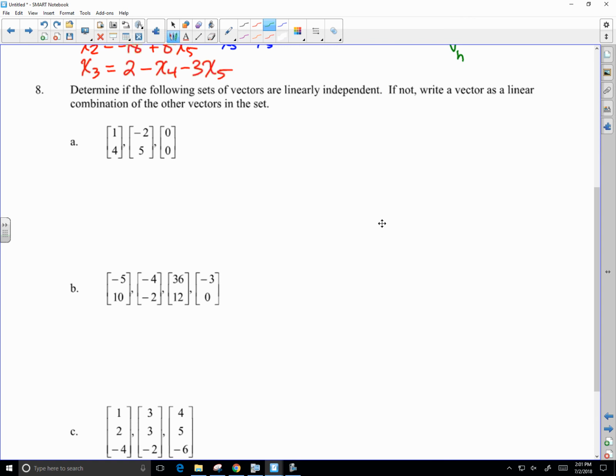You can work with this without the 0 column if you want, but I tend to throw it in because that's the kind of thing I would forget. I'd get an answer and think it's trivial just because I neglected the column of zeros. So I'll do 8A.